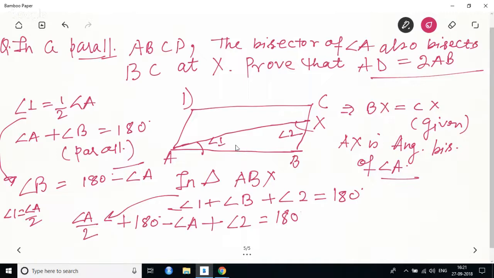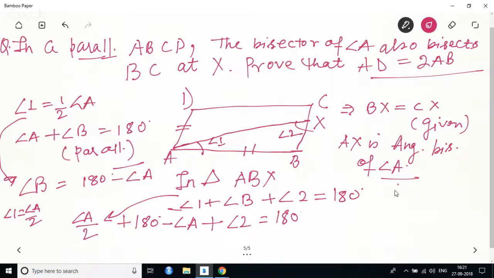What needs to be done? I have to prove that this side is 2 times of this side. Now how this can be proved? If I am able to show that opposite sides are equal, if AD is 2 times AB, then BC will also be equal to 2 times AB.